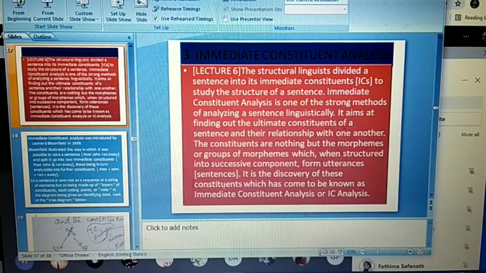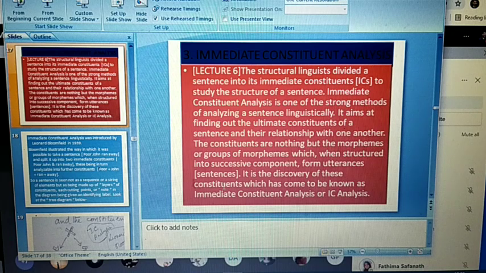The structural linguists divided a sentence into its immediate constituents, ICs, I for immediate, C for constituents, to study the structure of a sentence. Immediate constituent analysis is one of the strong methods of analyzing a sentence linguistically. It aims at finding out the ultimate constituents of a sentence and their relationships with one another.